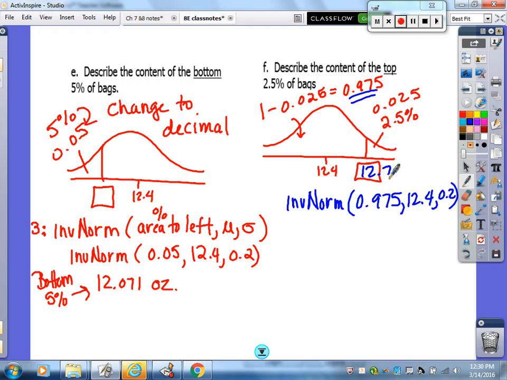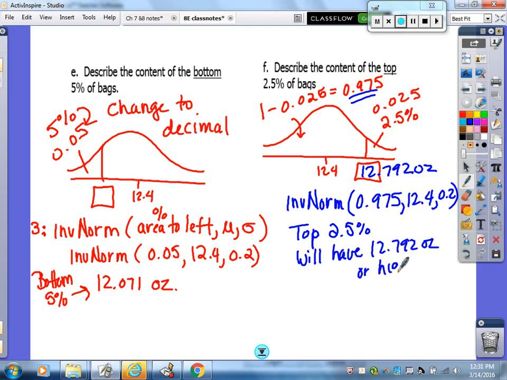This is 12.792 ounces. So the top 2.5% will have 12.792 ounces or higher. Okay? All right, so just be careful on these. You've got to look at the top or bottom, because if they tell you the top percent, you're going to have to subtract from 1.